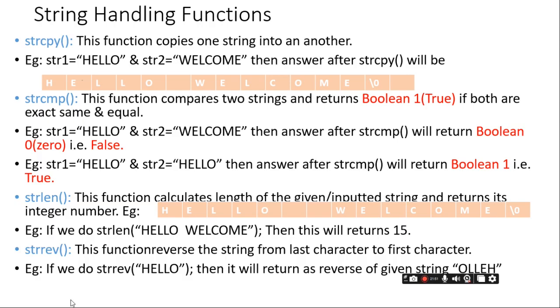Apart from this, these are most commonly used, almost 99 to 100%. But other than this also, there are not only these 4 to 5 functions, but there are lots of functions ready to use available for us in the string.h header file.